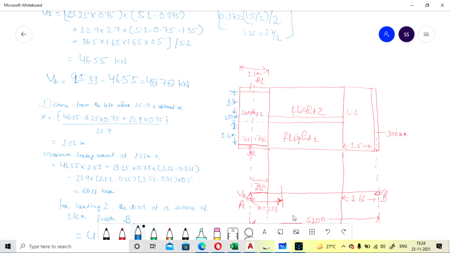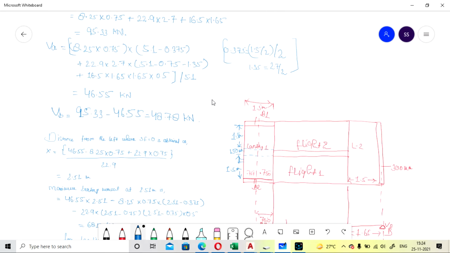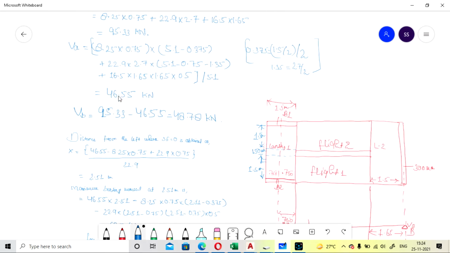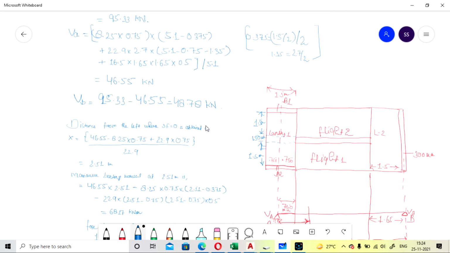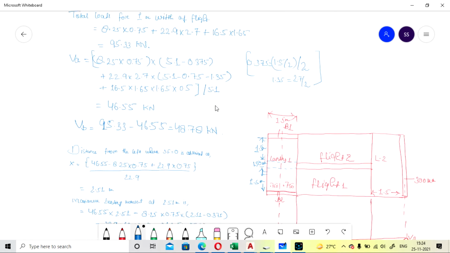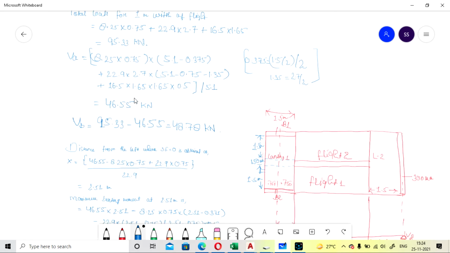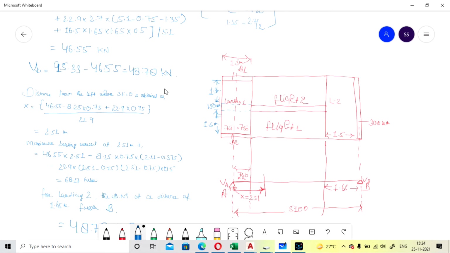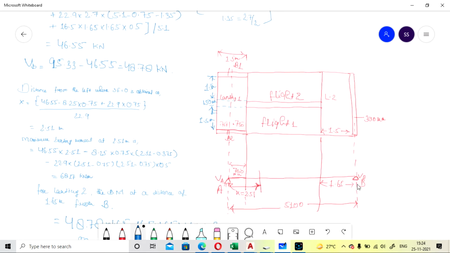So 5.1 minus 0.75 minus 1.35. So our reaction VA comes as 46.55. Similarly for VB, total load 95.33 minus 46.55, so our VB will come as 48.78, this reaction VB.